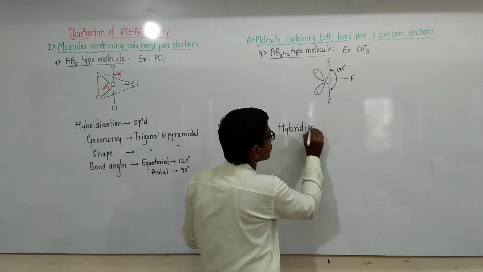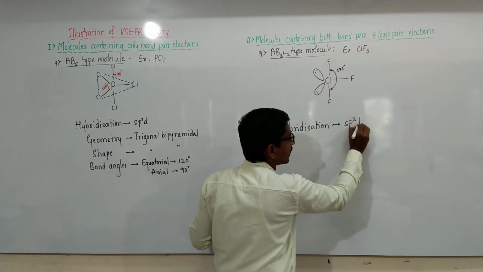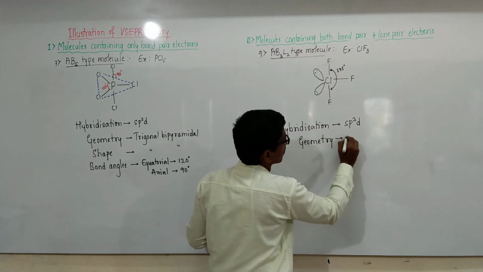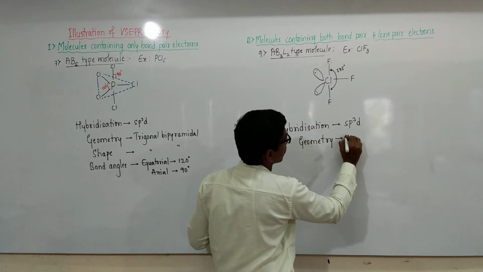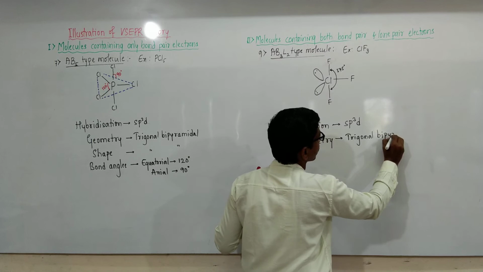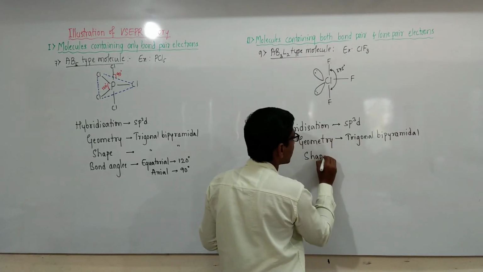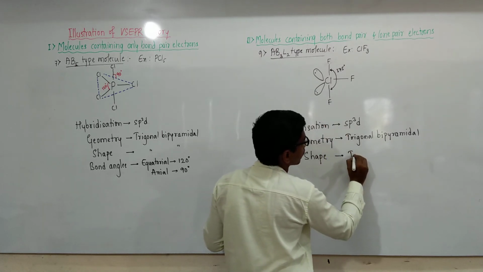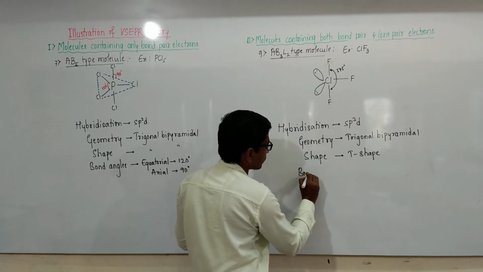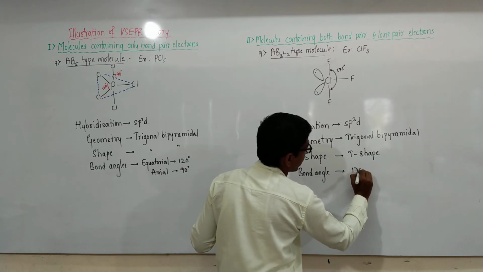Hybridization of the central atom is sp3d. Geometry is trigonal bipyramidal. Shape is like a T shape, and the bond angle is 175 degrees.